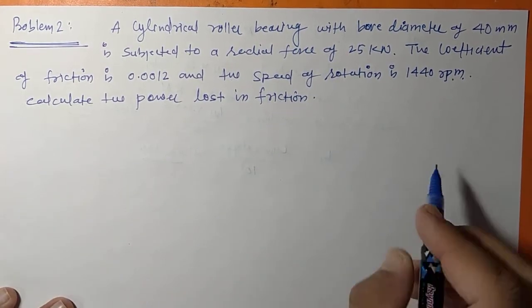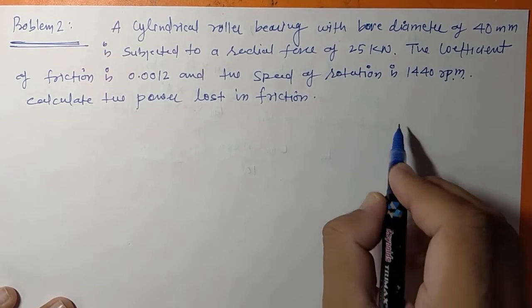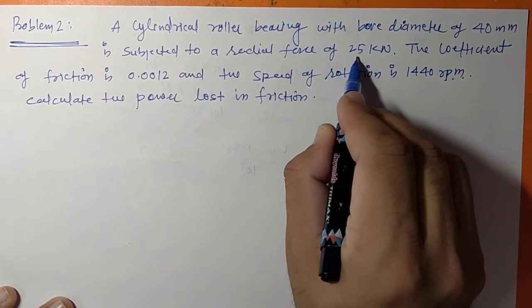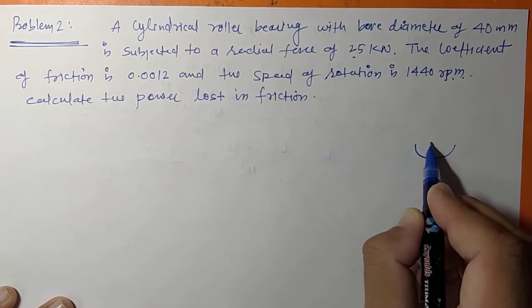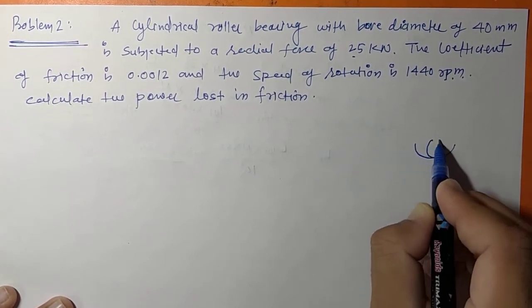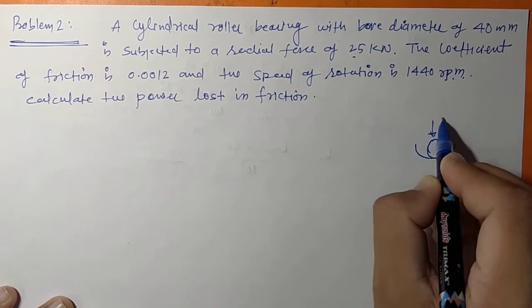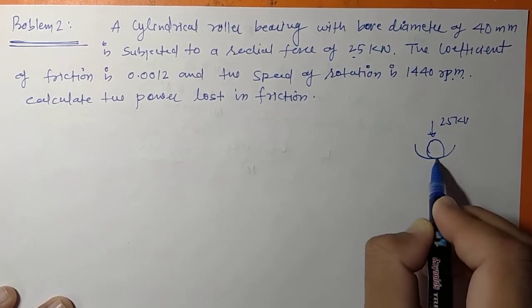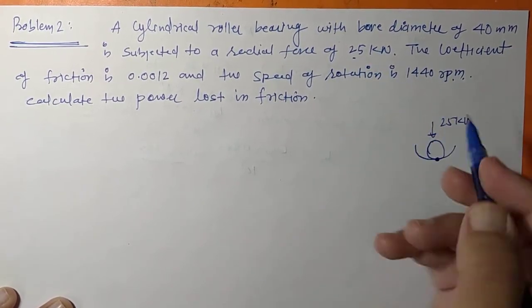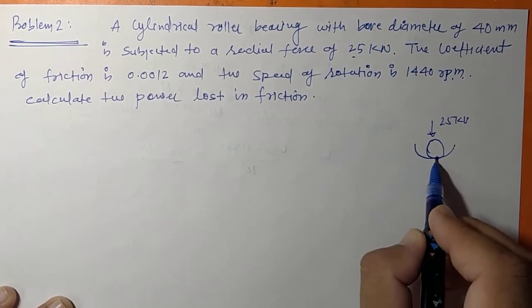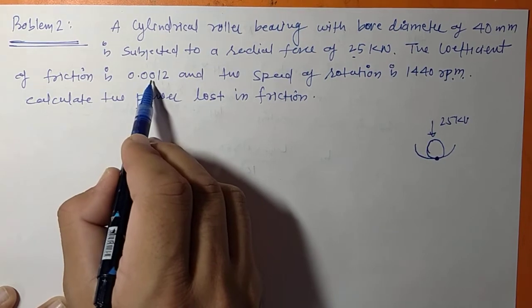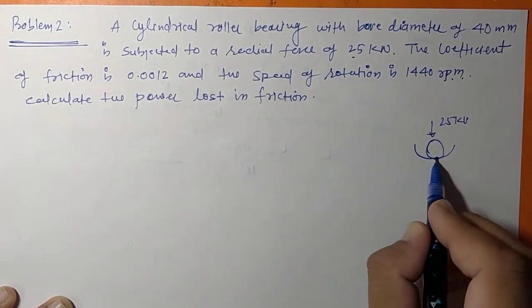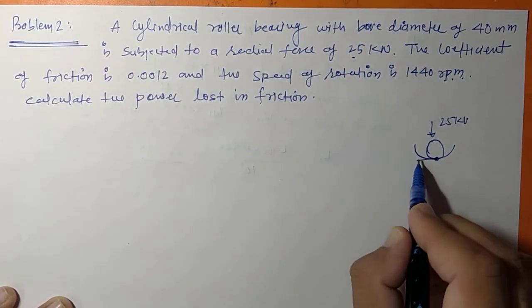So now we can understand, if the radial load is 25 kilonewton, then the normal reaction on the roller is 25 kilonewton only. Normal reaction multiplied by coefficient of friction is the tangential force acting at this place.